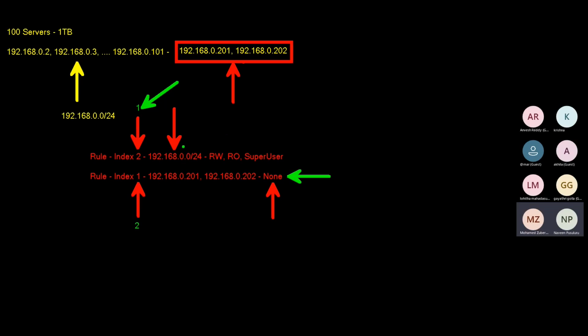But as part of the other rule, the servers should get access to the storage. But as this is the preferred rule, these two servers will not get access to the storage. So my rule 1 will always dominate rule 2. Is it clear or a little confusing, or do you want me to explain one more time? Clear, Anaya. Cool. Thank you.